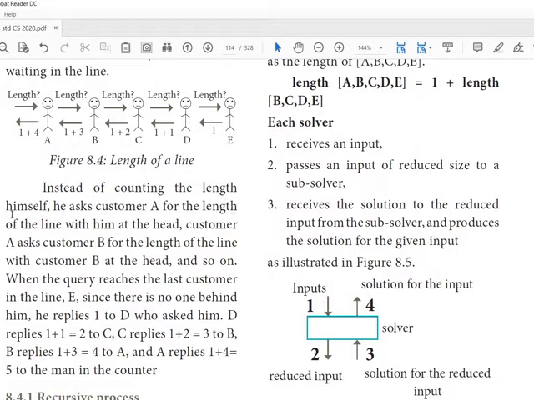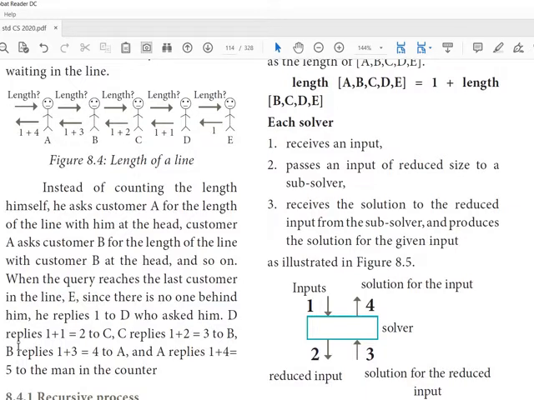Instead of counting the length himself, he asked customer A for the length of the line with him at the head. Customer A asked customer B for the length of the line with customer B at the head. And so on, when the query reaches the last customer in the line, E, since there is no one behind him, he replies 1 to D, who asked him.